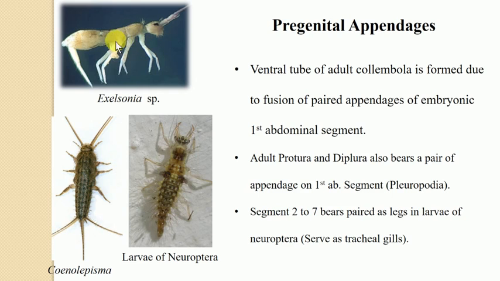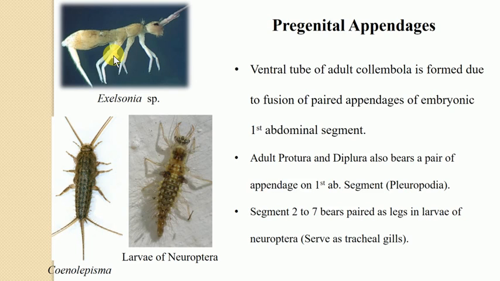You can see the thoracic segment, and this one is the first abdominal segment. If you see from the ventral side of abdominal segment number one, there is a ventral tube, and this ventral tube is formed from the fusion of the paired appendages present on the first abdominal segment in the embryonic condition.